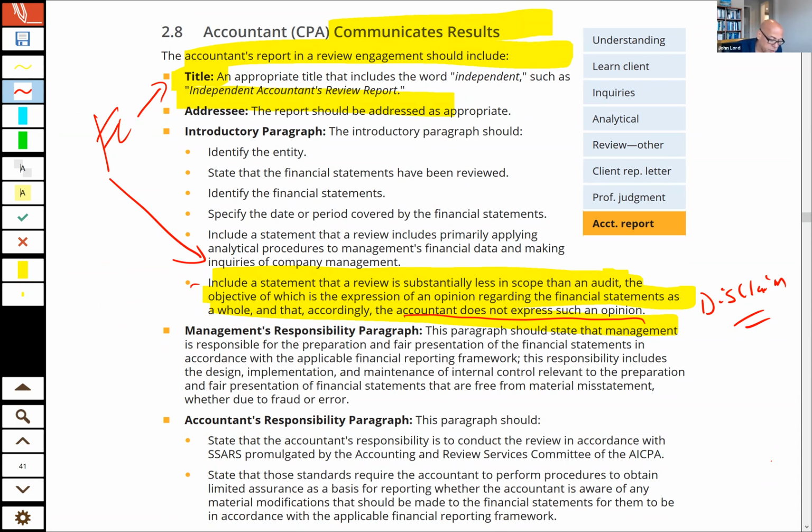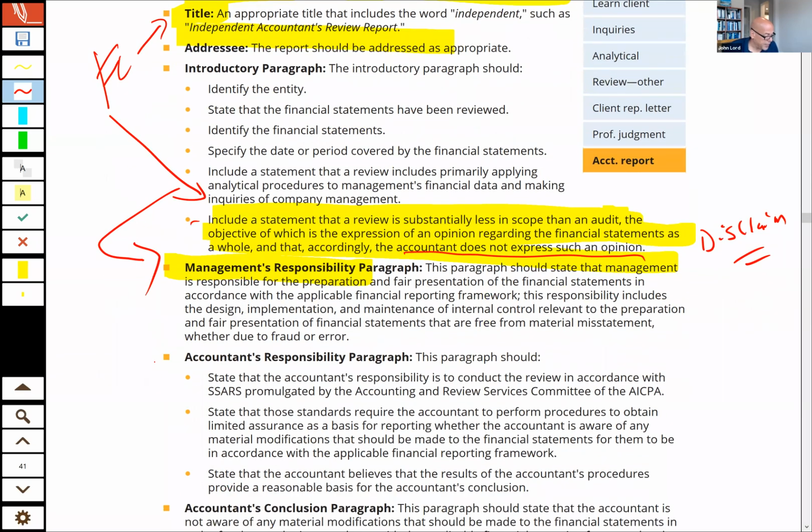Now, continuing this flashcard, this is all in one flashcard, what goes into the reporting for review. We will have to call out management's responsibility. We will have to call out the accountant's responsibility.